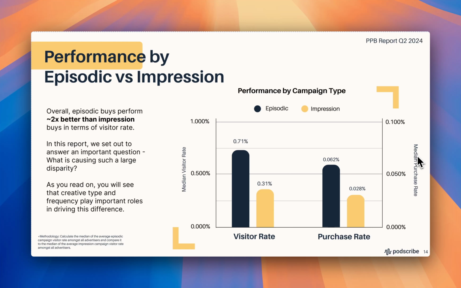Yeah, so for a lot of advertisers in here, if the question is whether baked-in or dynamic, episodic or impression buying, works better, most of what I hear anecdotally is that episodic, or quote unquote baked in, does seem to perform better, 2 to 3x. And we do see that in the data.